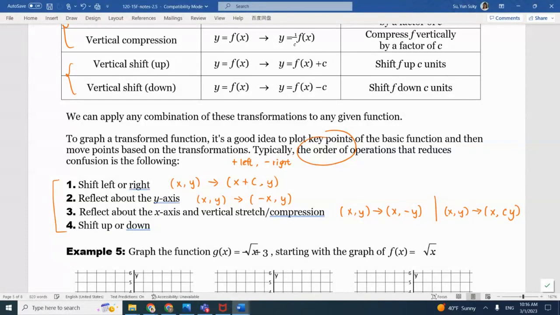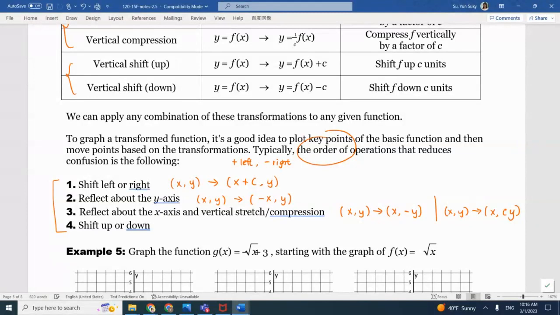If c is negative, you can break it into two smaller steps: reflect about the x-axis and then stretch. So it depends on c, whether c is positive or negative. That's why we can put them together. What is c? Any number, like 2 or 5, any constant, right?